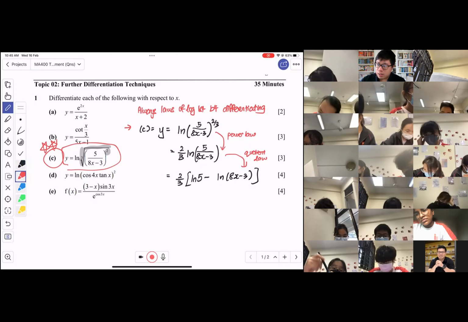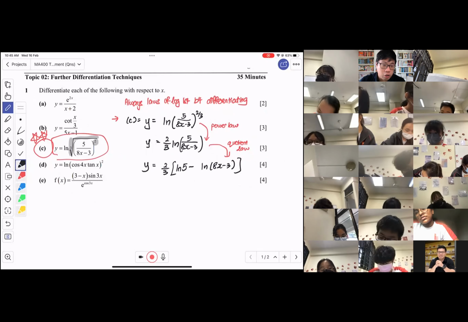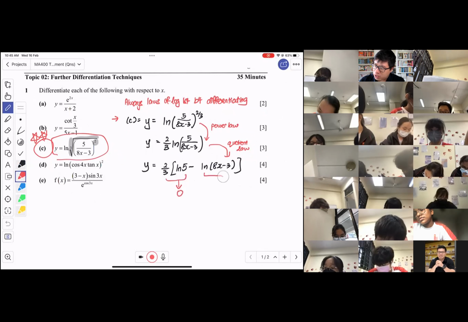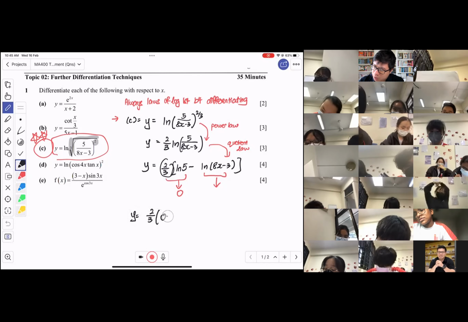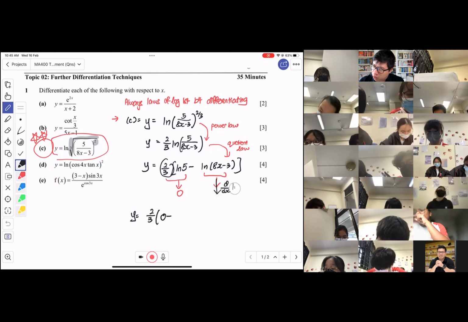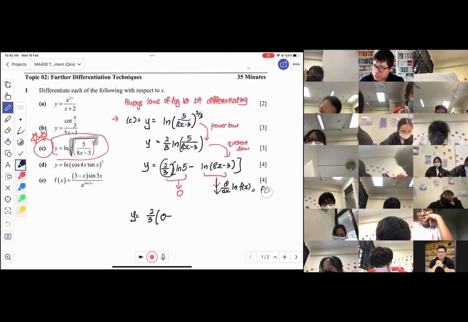Okay. Now, I have not differentiated yet, so don't stop here. This is not a question on log. It's a question on differentiation. If I differentiate this, it's going to give me 0. If I differentiate this, my 2/3 will be left outside. So this is 2/3 of 0 minus... remember when we differentiate ln of f(x), this will give us f prime x over f(x).